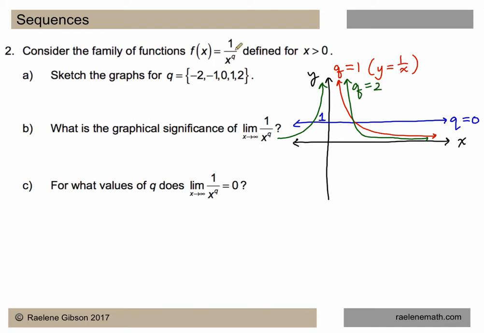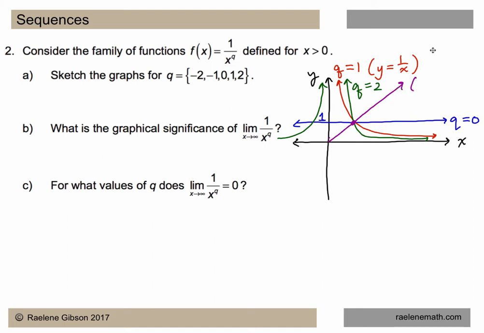If q is equal to negative 1, then we have 1 over x to the negative 1, which is just y equals x. And so all of these graphs are intersecting at the point 1, 1. We're only graphing it for x greater than 0, so I will only consider the right-hand side of the x-axis.